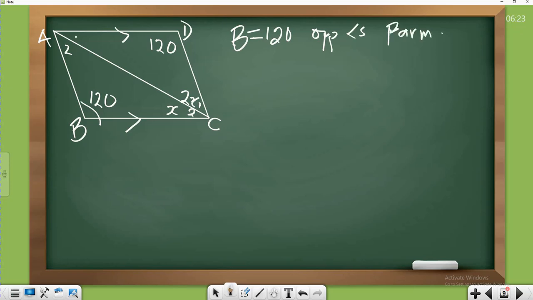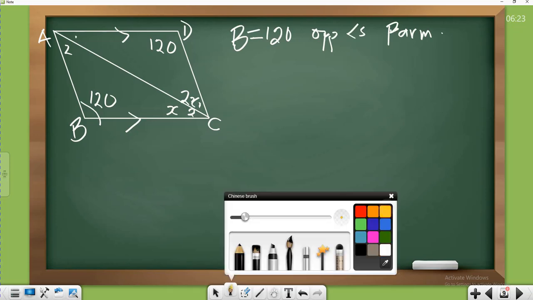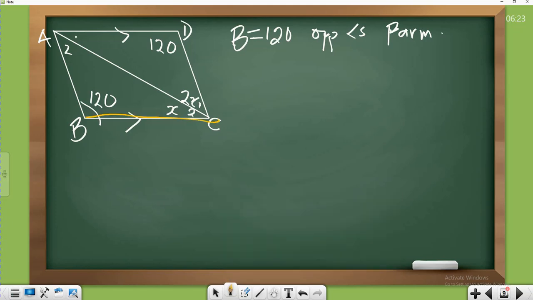We just write it like that, it's fine. Now, I want you to see something here. Because these lines are parallel and there's a transversal line joining them, this angle will be equal to 2x, alternate. So A2 is equal to 2x, alternate angles.